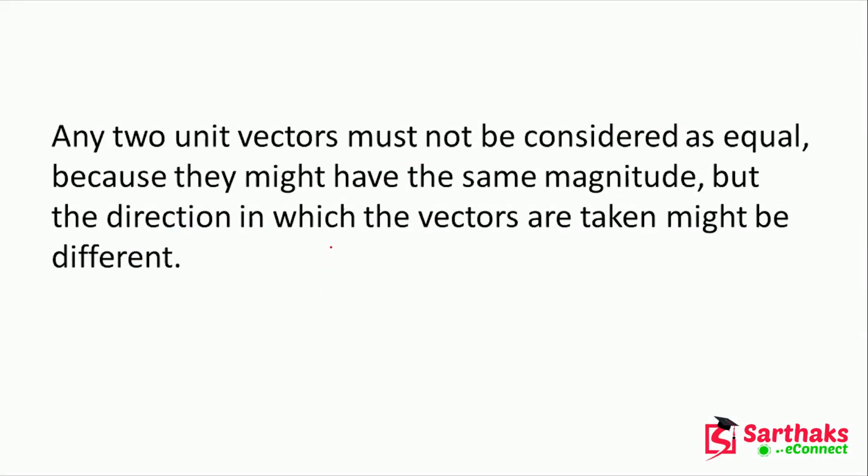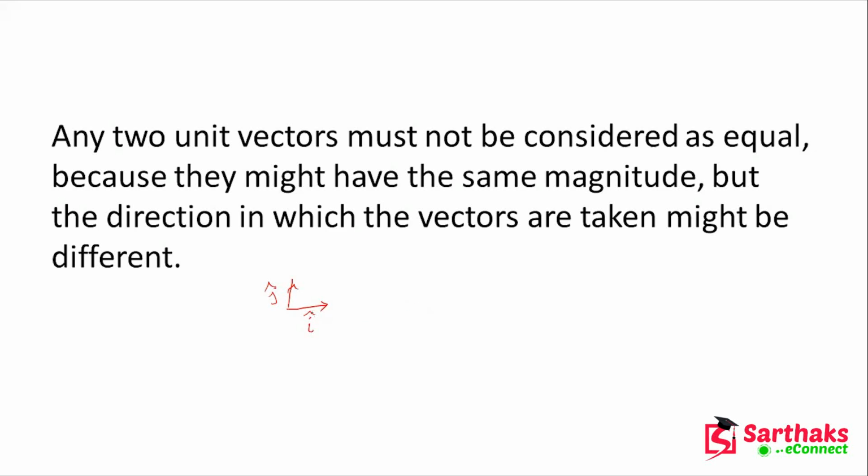Any two unit vectors must not be considered as equal because they might have the same magnitude but the direction may be different, right? So suppose this is one vector, this one is another vector. This was i cap and this was j cap as per the previous diagram.